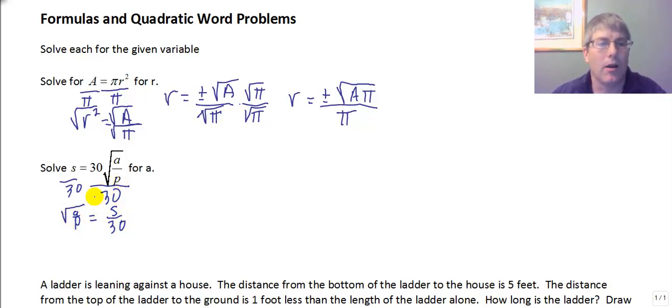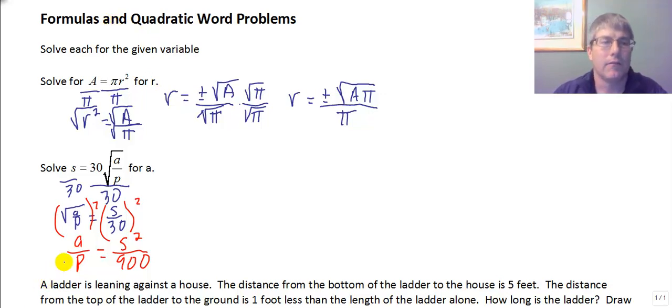Well, now I want to do the inverse operation of the square root. So now I'm going to square both sides. So we get A divided by P equals S squared over 900. And we're looking to solve for A.